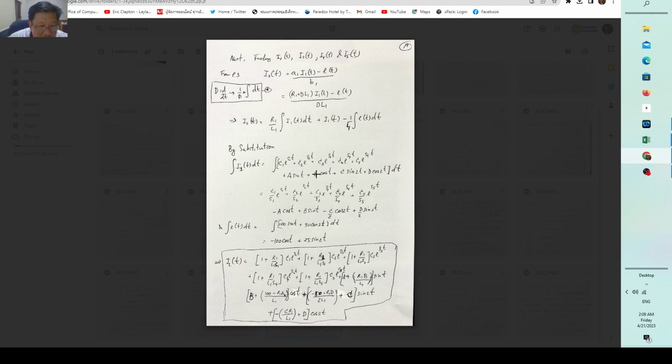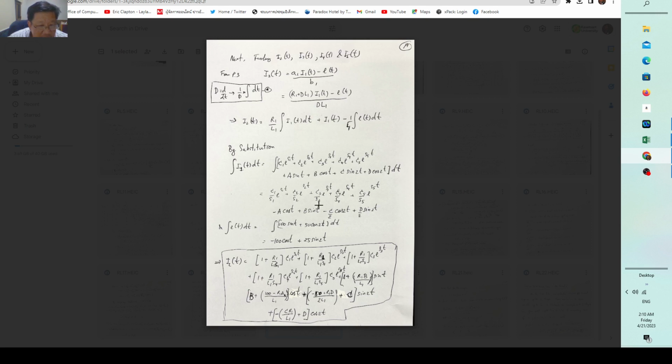Since this is a very easy integration, I'm going to use this. The first term becomes c sub 1 divided by s sub 1 e to the s1t, and likewise for the second term up to the fifth term. And then the integration of a sine becomes minus a cos, since the derivative of cos is equal to minus sine. So the integration of sine gives you minus cos.